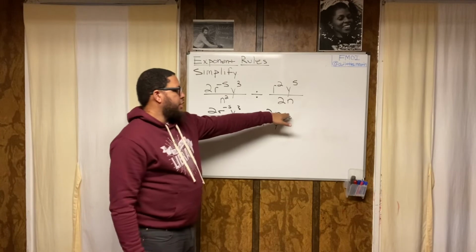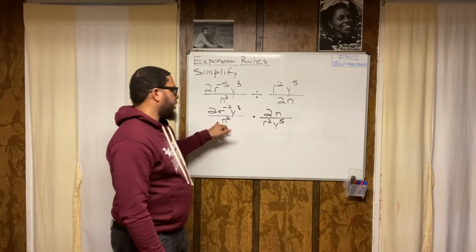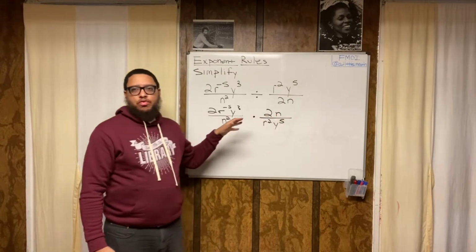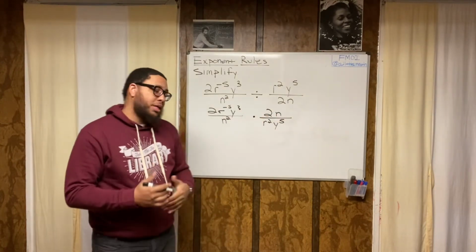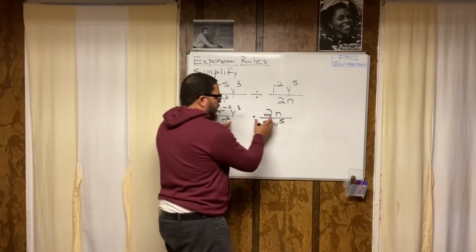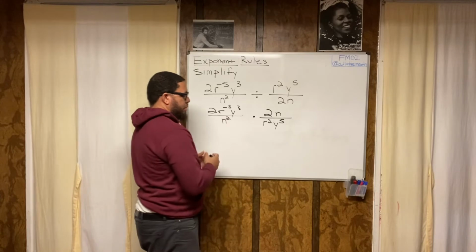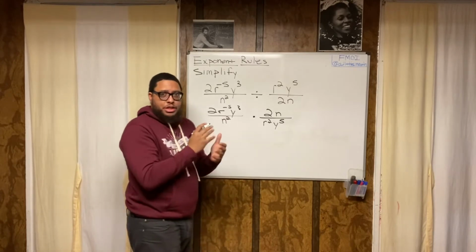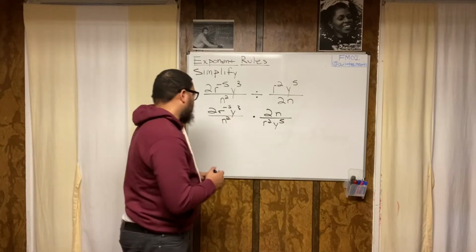This n is in the numerator over here. This n squared is in the denominator over here. Even though these two variables are in different fractions, we can treat them like they're in the same fraction, because if I did multiply across, I could combine these. So then it would be just one big happy fraction, all together. Matter of fact, I'm going to show you what that looks like.